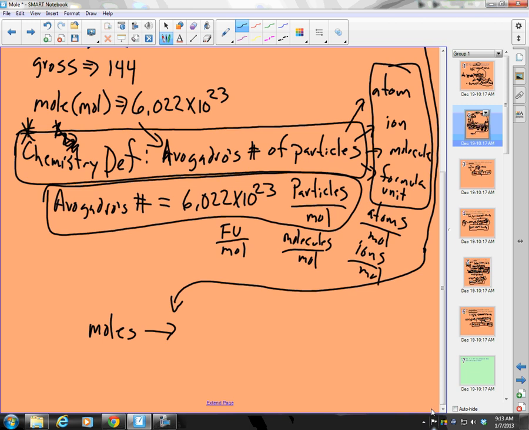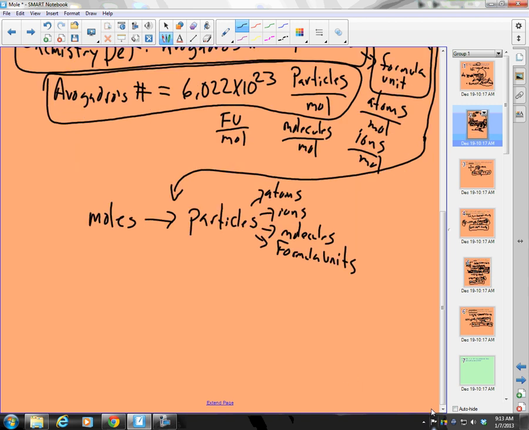We're going from moles to particles, right? And we said, hey, particles can be atoms, particles can be ions, particles can be molecules, particles can be formula units, right? And I work these all using dimensional analysis.